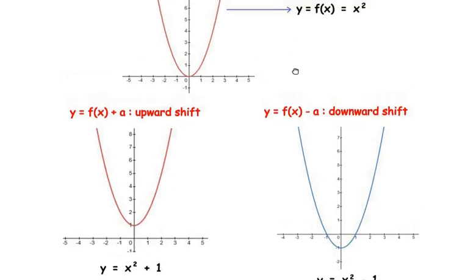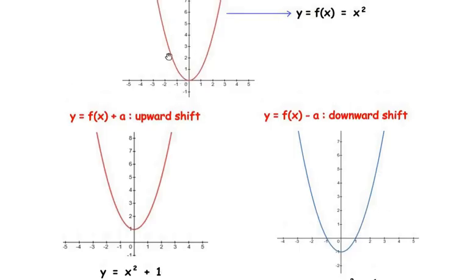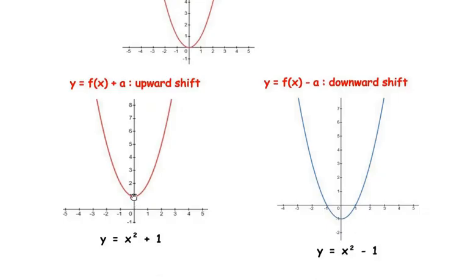Here we can see that the parent function was touching the x-axis at 0, 0. Now it needs to be shifted upwards by 1 unit. So the same point has been shifted on the y-axis by 1 unit, and the new coordinates are now 0, 1. You can see that the x coordinate stays the same, but the y coordinate is going to change.